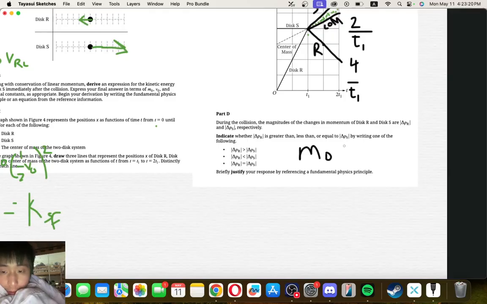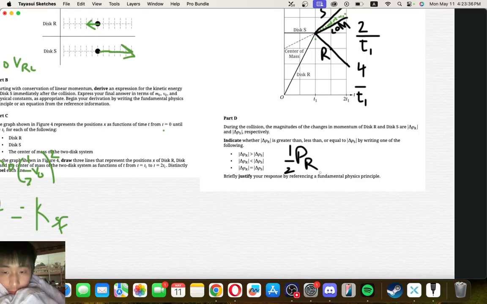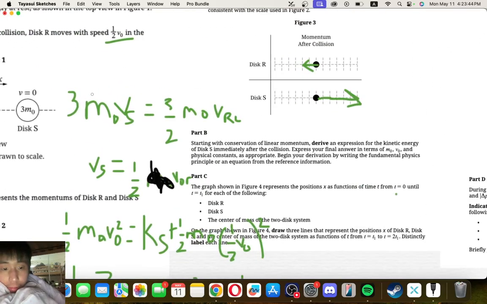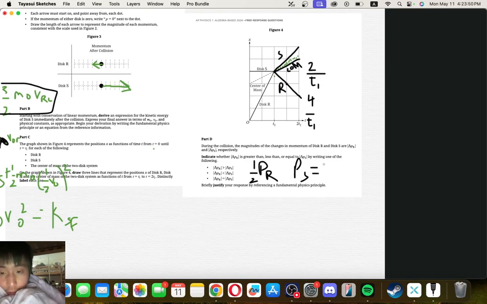So MO, and the change in velocity was VO to 1/2 VO, so the change is just 1/2 of itself. And then for PS, it went from 0 to 3/2, which is greater than PR's 1/2.